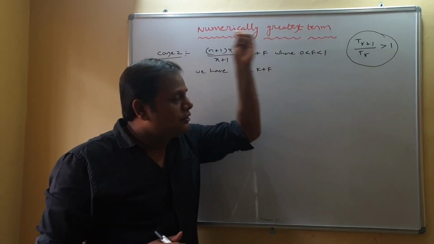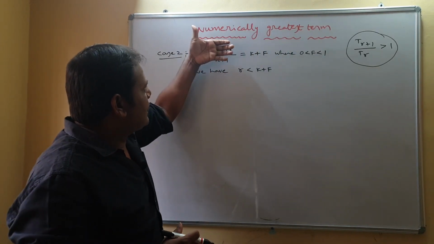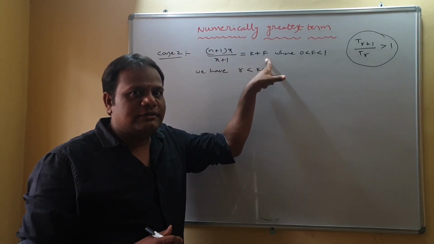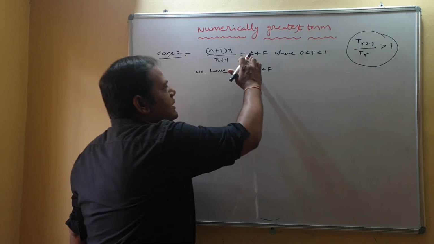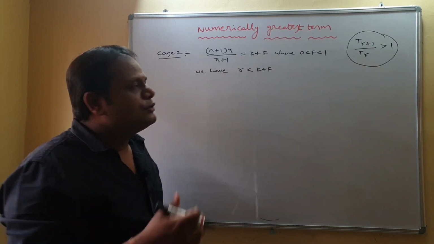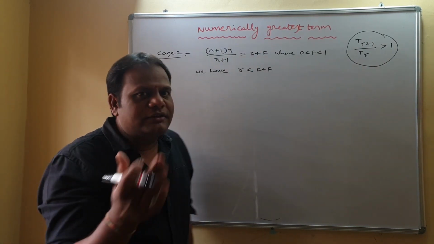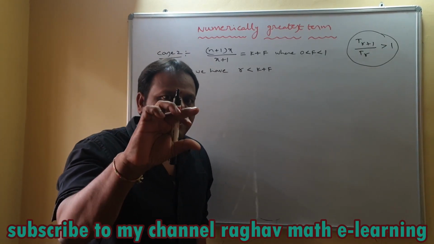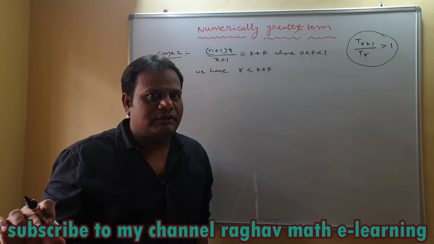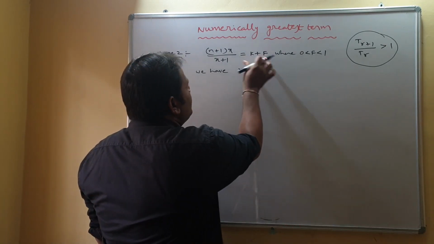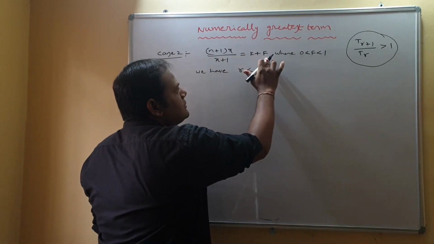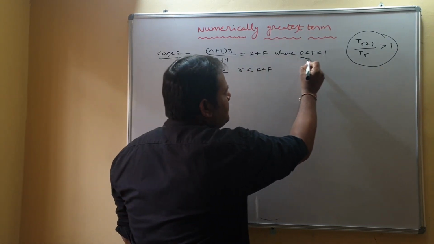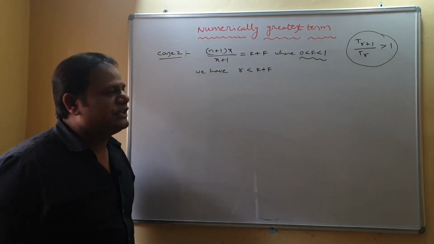Now I am taking that n plus 1 into x by x plus 1 value is not an integer. Not an integer means a real number. So here we can express every real number as a sum of integral part plus fractional part. So here I wrote this as k plus f, where k is an integer and f is the fractional part, that is in between 0 and 1.